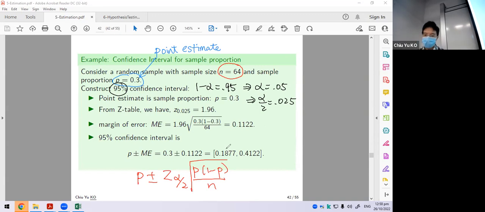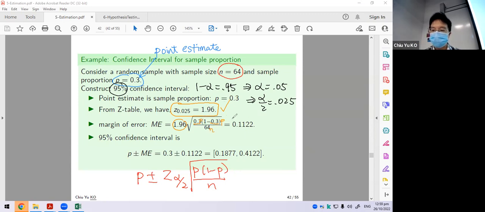And just plug in the numbers. This is what we have covered already, and the rest is just putting in the numbers here. p is 0.3, and this is n.